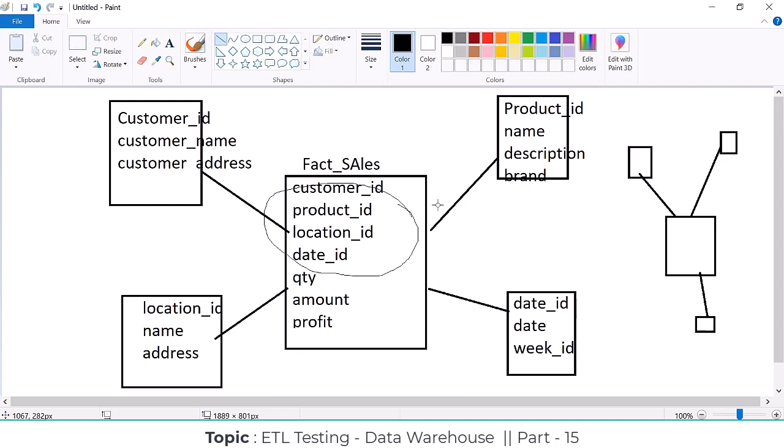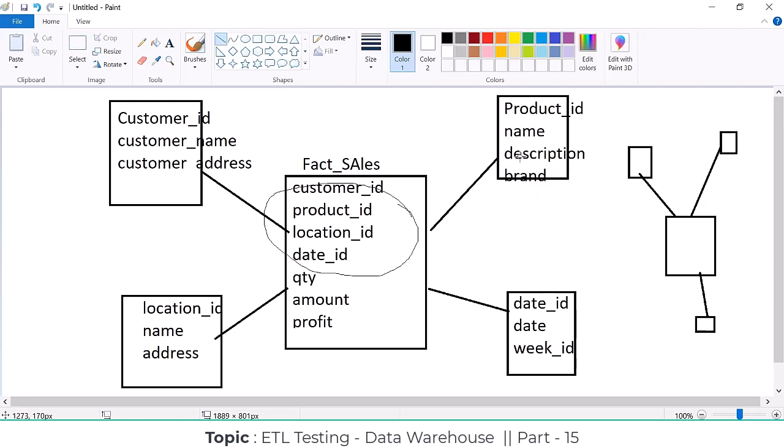But what is the disadvantage? All the data we are getting here is going to be stored in a single table. Daily the products may increase, right? Millions of products we are getting every day, and all the information is going to be stored in a single table.